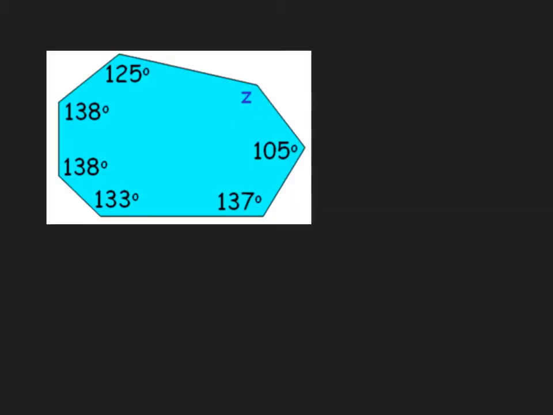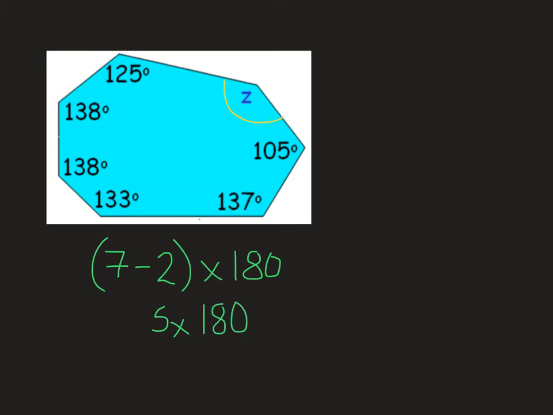So here's a common basic question on this. I need to work out this missing angle Z. First of all, I work out what all those angles must add up to. There are 1, 2, 3, 4, 5, 6, 7 sides. It's a heptagon. So I'm going to do number of sides, take off 2, and times that by 180. So it's 5 lots of 180, which is 900 degrees.